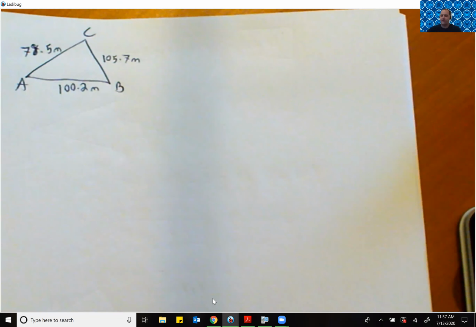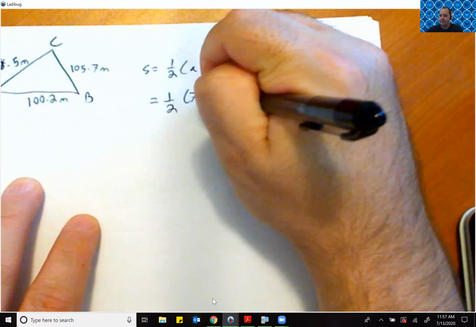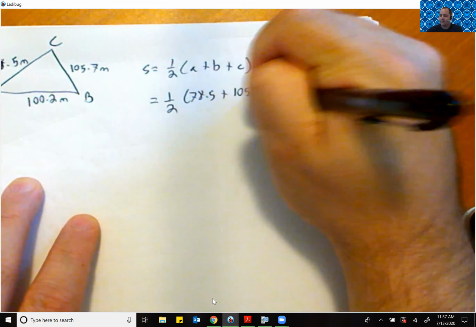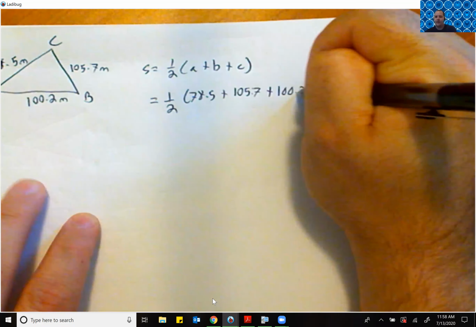The semi-perimeter is 1/2 times a plus b plus c. So you just fill in 1/2 of 78.5 plus 105.7 plus 100.2. And we're going to figure that number out.